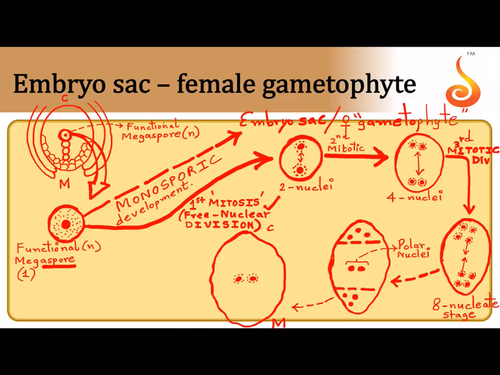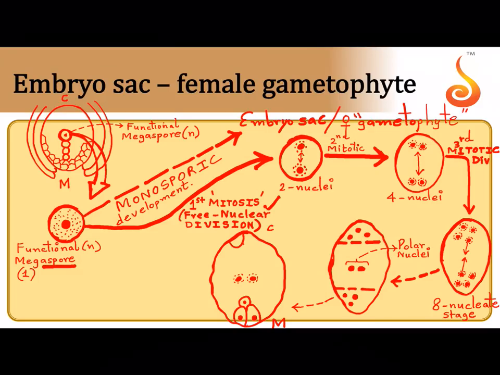Okay. So now the 3 nuclei that are present over here, 1, 2, 3, they will organize into cells. I told you cell wall is laid, cell membrane and cell wall gets deposited. So now they are no longer nuclei, they become cells.